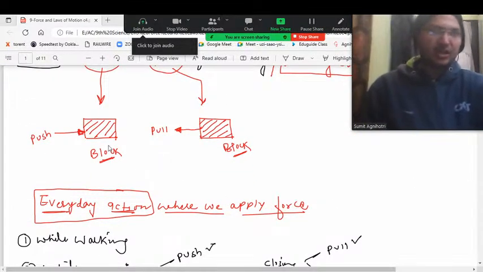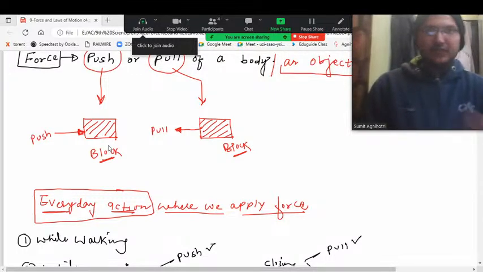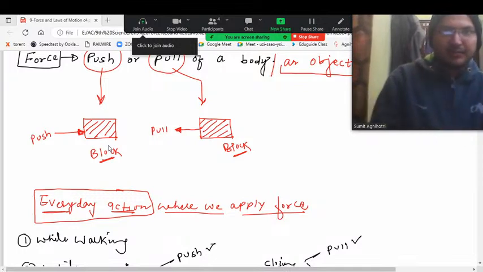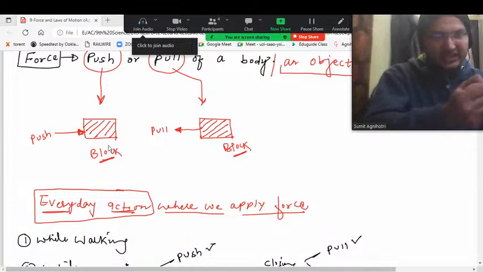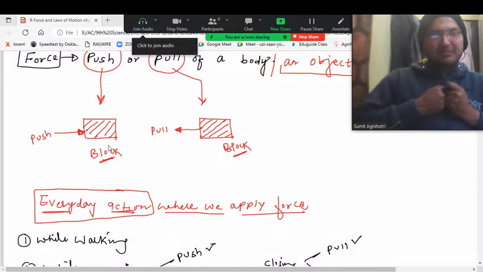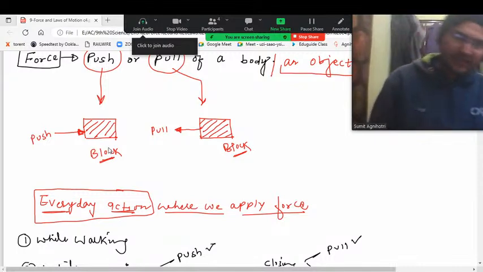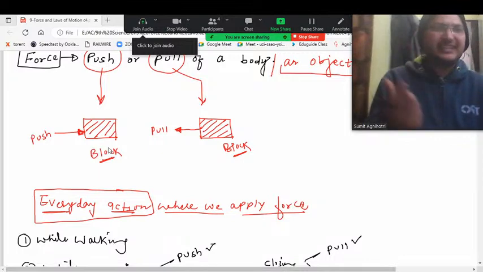If there is a wooden block, and you are applying force in forward direction, that means you are pushing this. If you are applying the force towards you, remember you are applying the pull force here. If you are squeezing the diamond, you are actually applying force. That means a force can deform the shape as well.